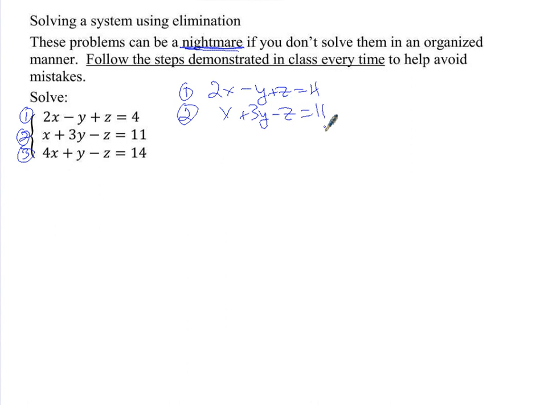And now notice that if I add these two equations together, the z's disappear. So I can do that. 2x plus x is 3x. Negative y plus 3y is positive 2y. z plus negative z is gone, equals 15. That is a brand new equation with no z in it. And I'm going to call that equation number 4.